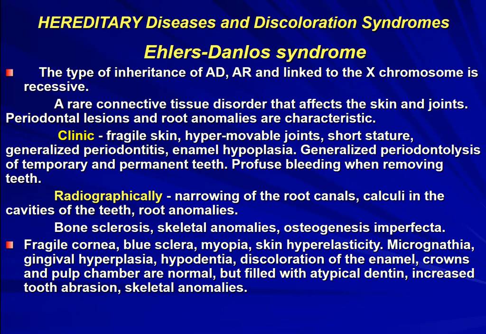Crowns and pulp chamber are normal, but filled with atypical dentin, increased tooth abrasion, skeletal anomalies.